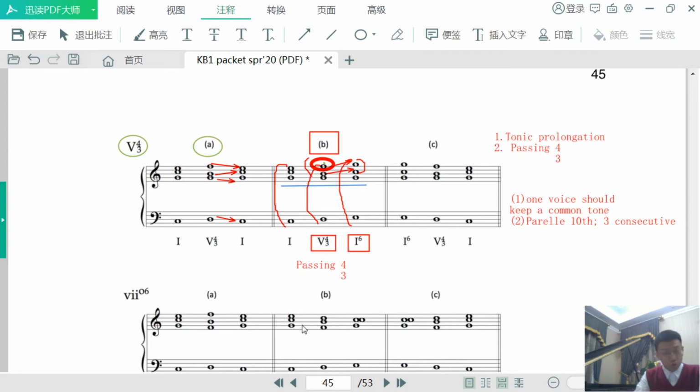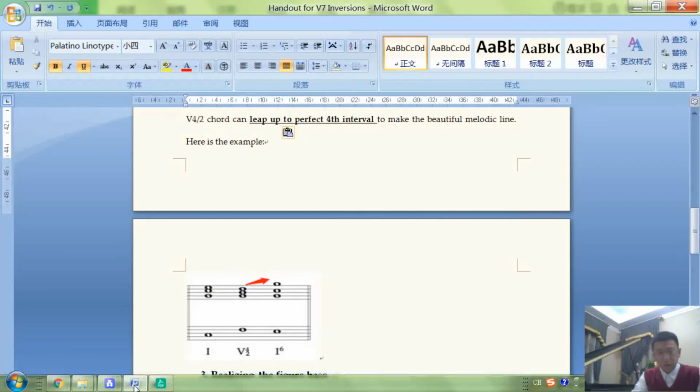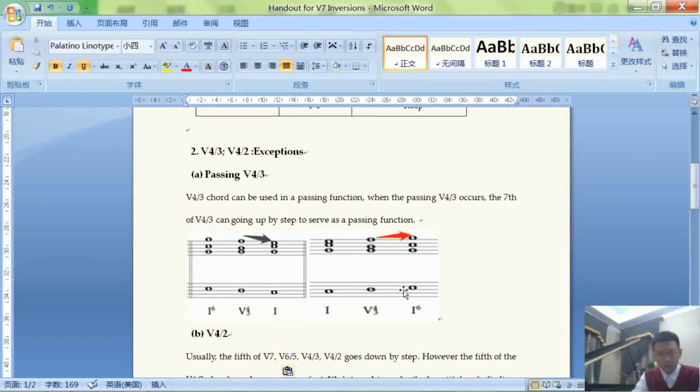So if you use this tonic prolongation, the rest of the progression will be really easier to play if you start like that. So by memorizing this rule I put in this handout, I will post for you. The 5/4/3 chord can be used in a passing function.